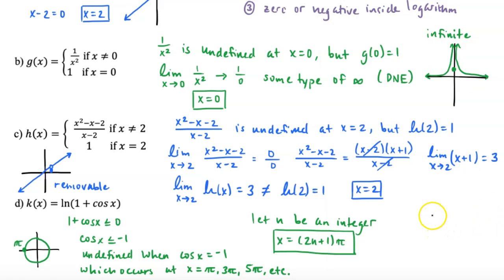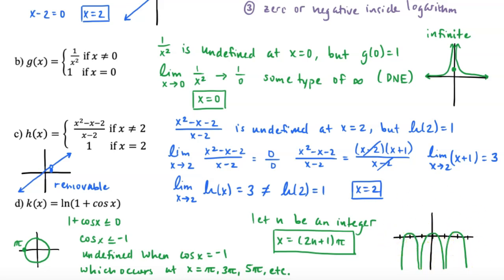And I'm going to do my best to sketch this graph. Something like this, where I've got 1, 2, 3 to make sure my asymptotes are on odd values.